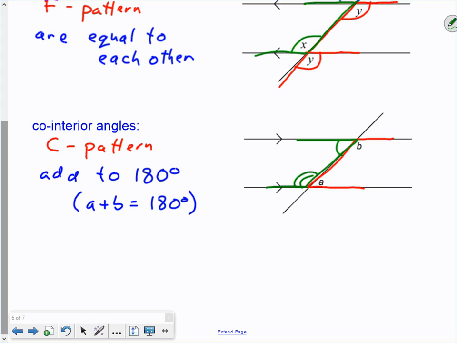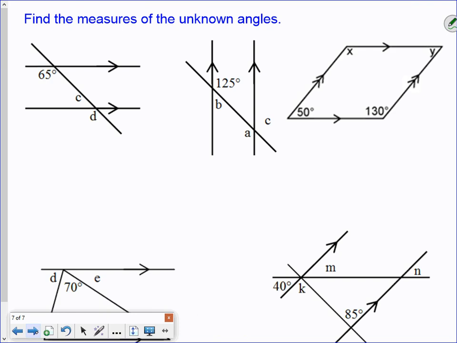So let's take a look at these angle properties in action. In each of these diagrams here, we're asked to find the measure of the unknown angle. So we can get a starting point anywhere we want. In this first one on the left, we've got this angle of 65 degrees. I might draw my F pattern like this.